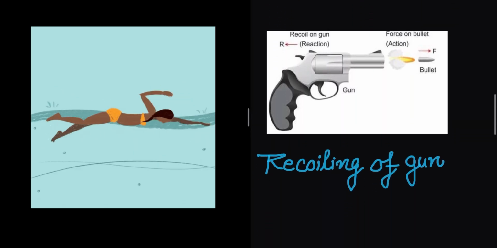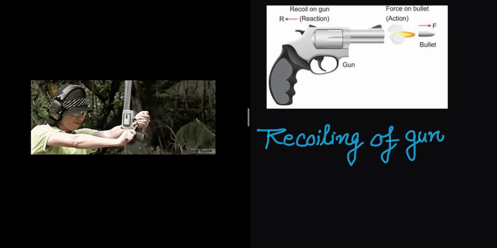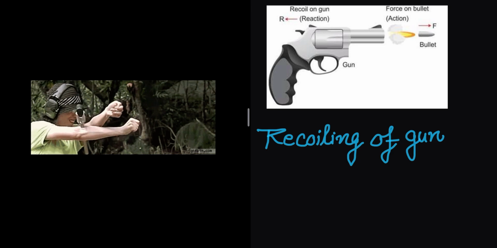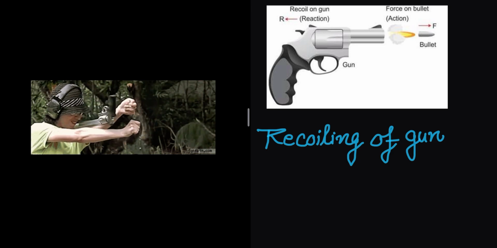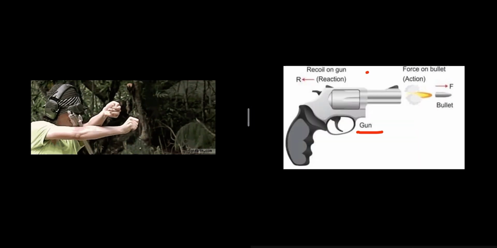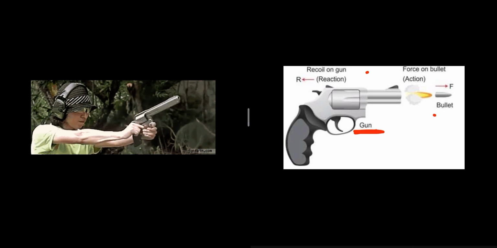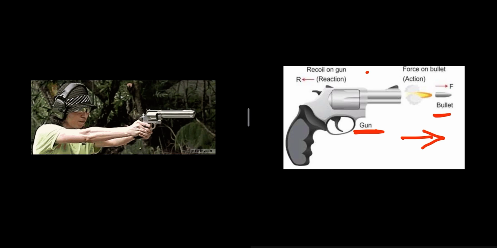Next example, what we have here, recoiling of a gun. So students, when we fire a bullet from the gun, the gun applies a force on the bullet. In which direction? In the forward direction.